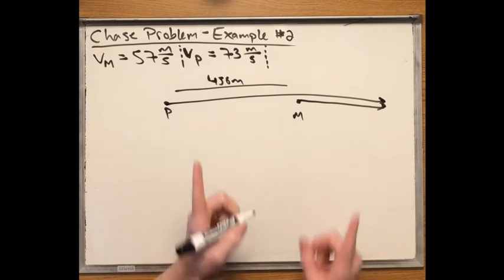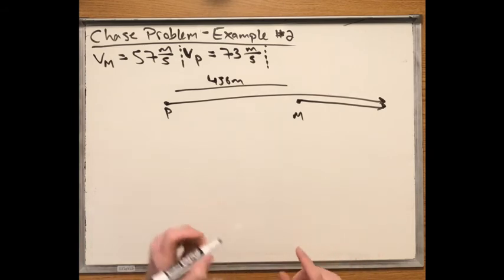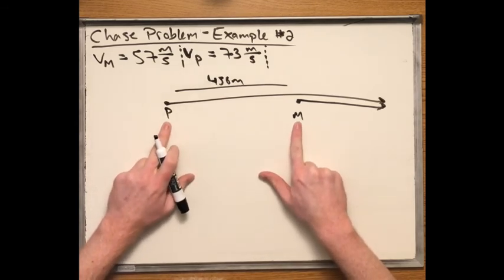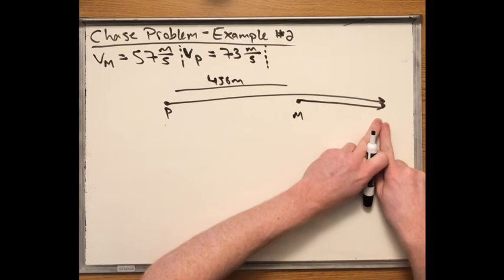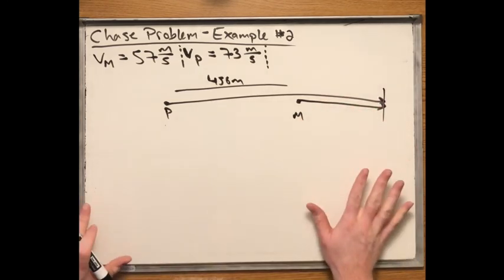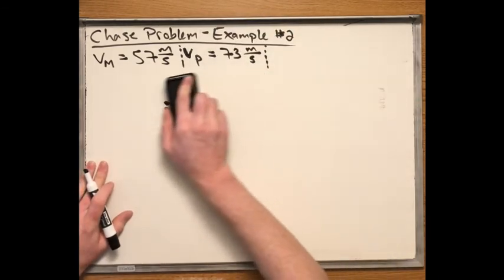Notice here, the distances are different, but the amount of time between when the stopwatch starts, when they're both here, and once they reach the same spot, that's the same for both of them. So the times are the same. The distances are different.